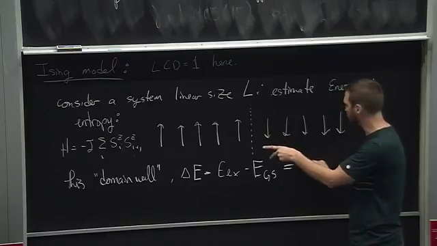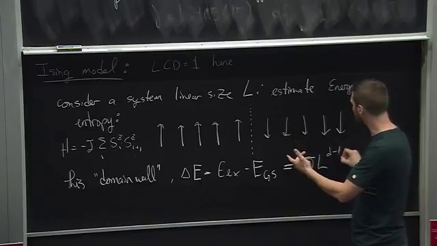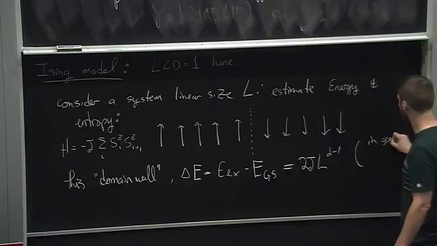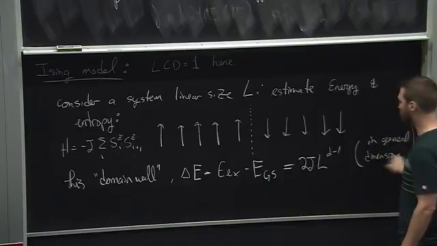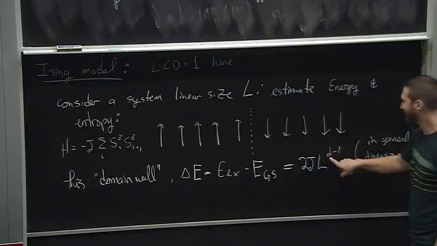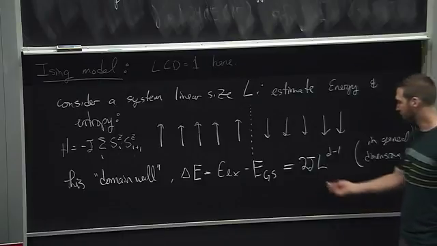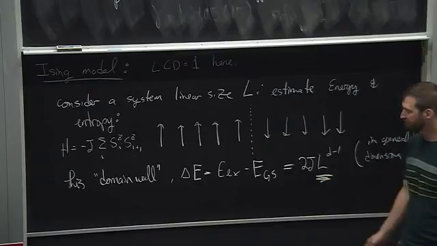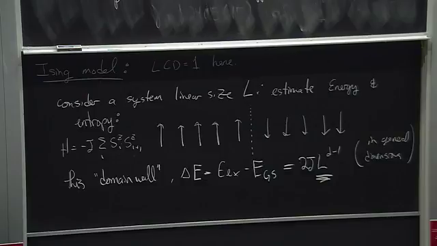So it would be 2J, right? So you're changing things by 2J L to the d minus 1, which reduces when d is 1 to just something like 2J. Let's just keep this in there to keep things general. That's the energy, 2J. What's the entropy?